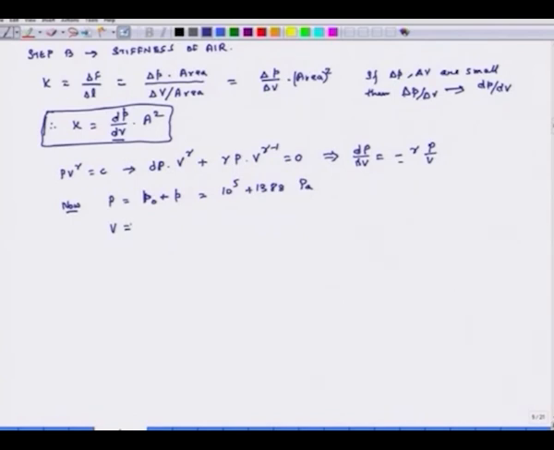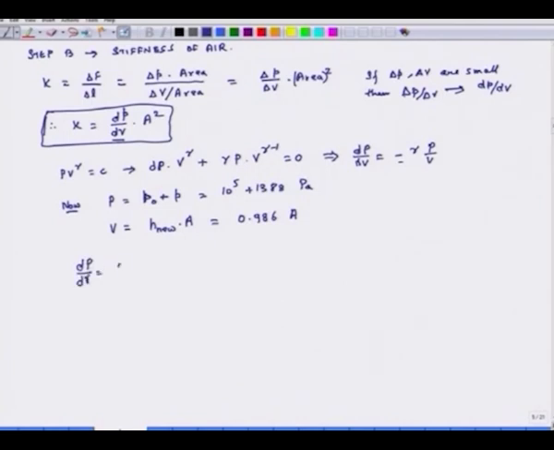Volume equals the height of air column H times area, and that is 0.986 times area.